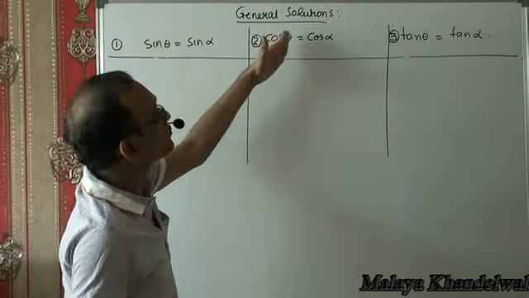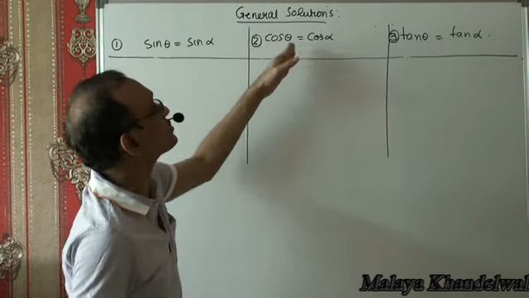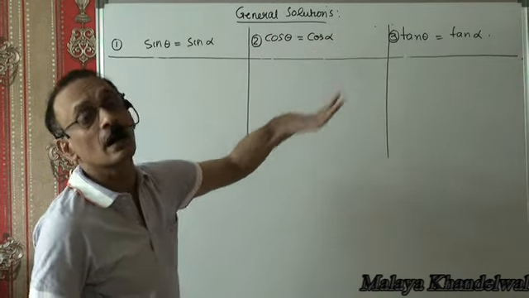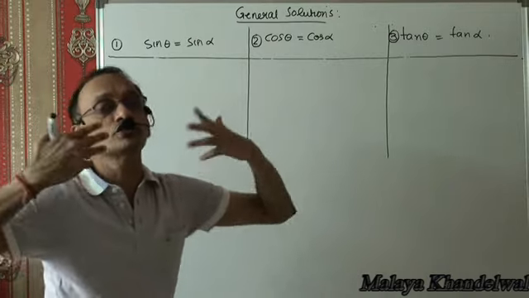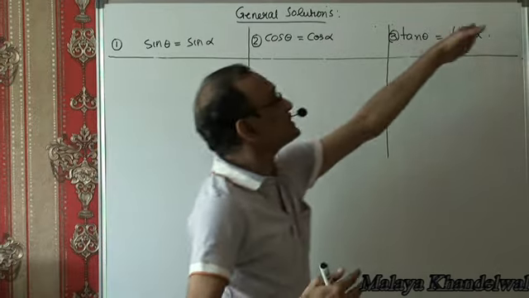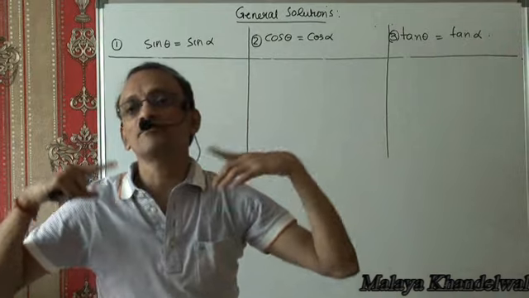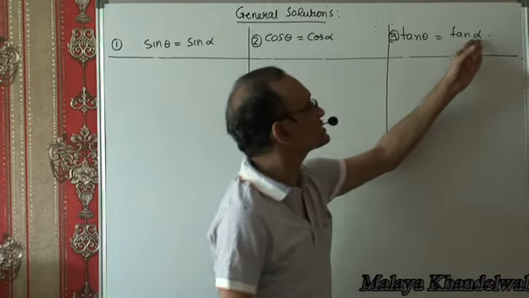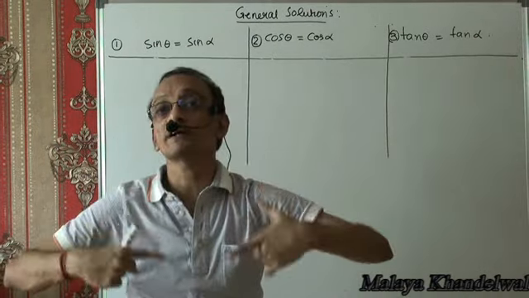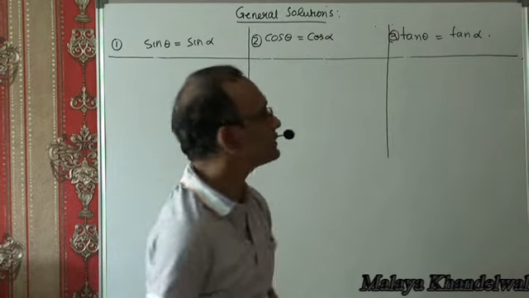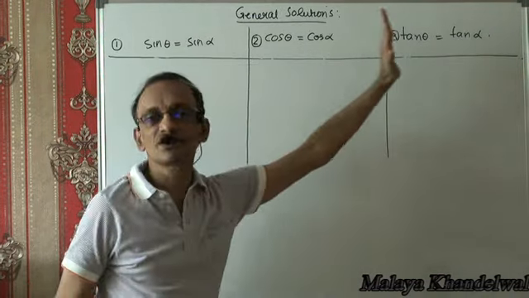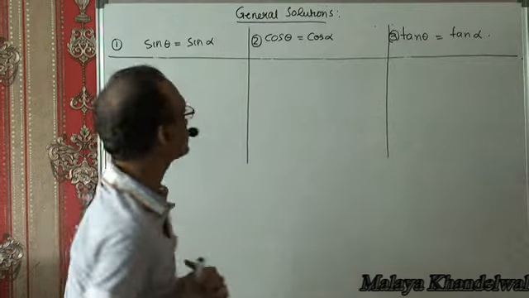The second one is, if cos theta is cosine alpha, for example, if cos theta is cos 60 degrees, what is the generalized solution for theta? If tan theta is tan alpha, alpha could be 30 degrees, so say this is tan 30 degrees, what is the generalized solution for theta? Right? We are going to address these three basic results in this session.